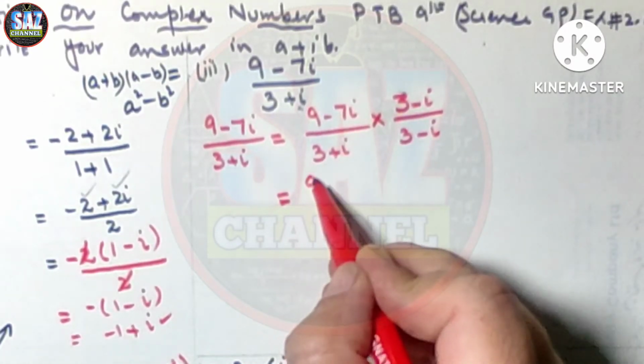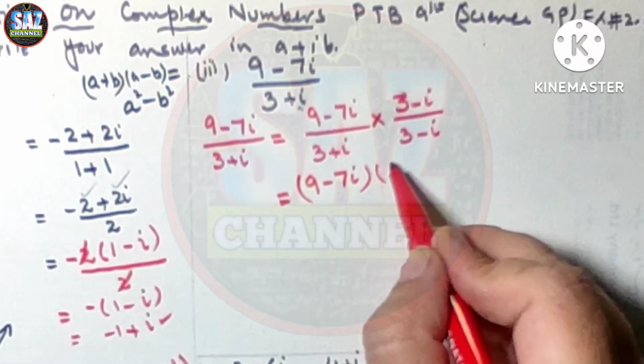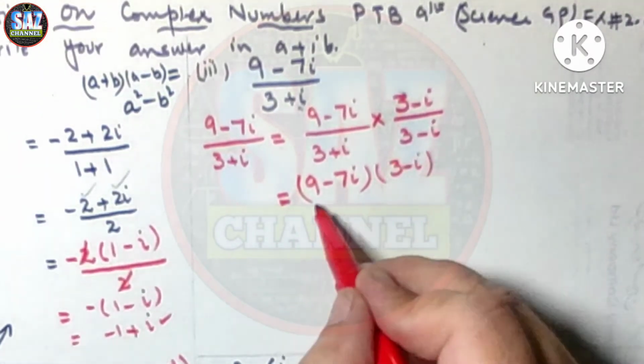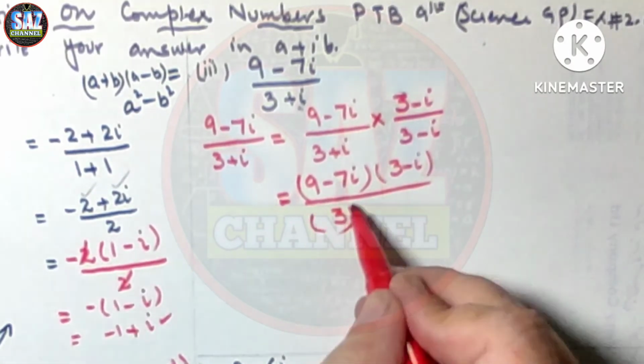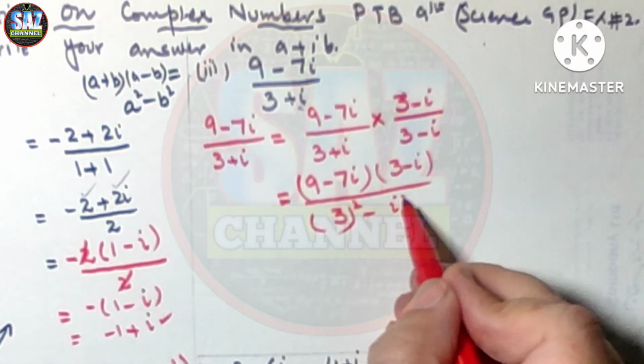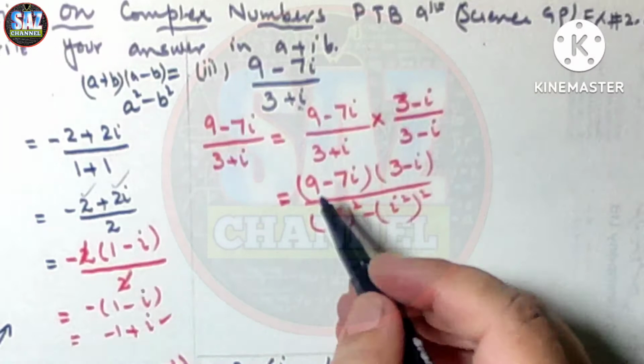So, numerator can be written in the form 9 minus 7 iota into 3 minus iota upon 3 square minus iota square. I am going really slow so that my students can understand these all lessons properly.